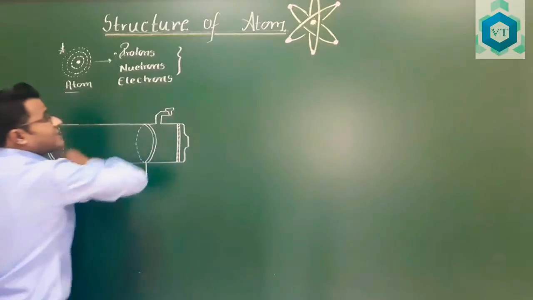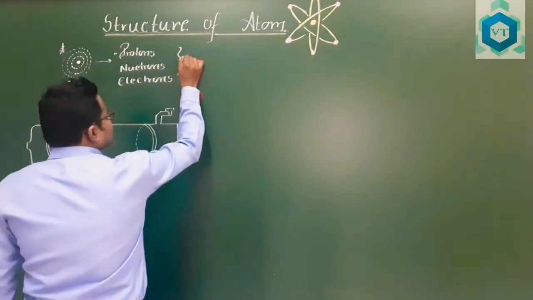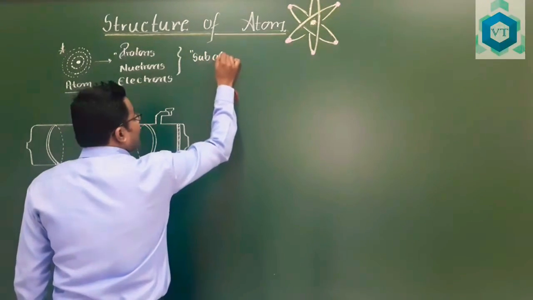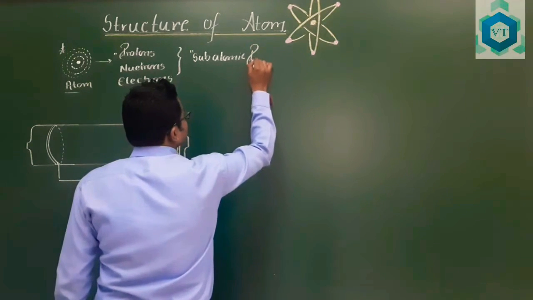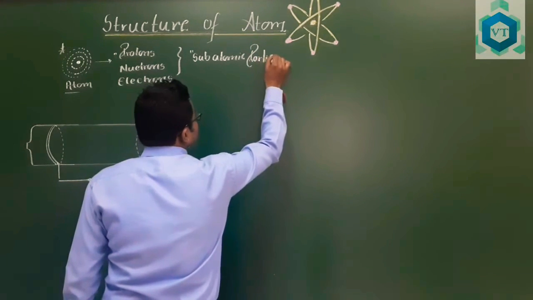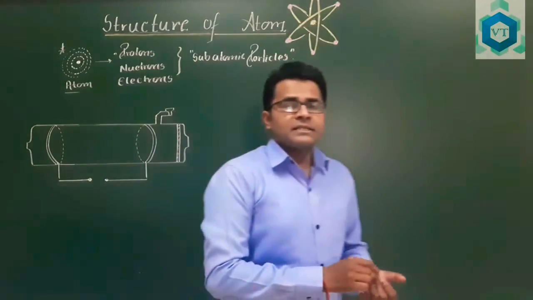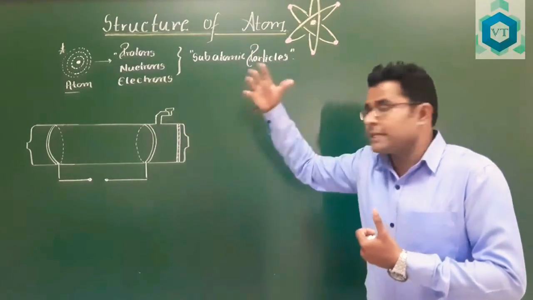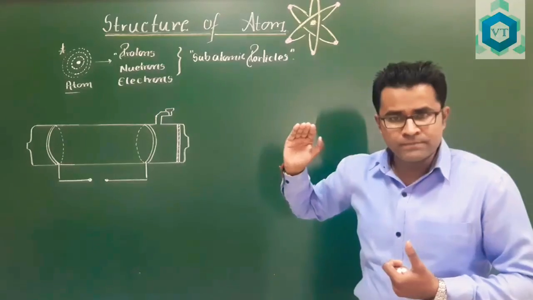And these things, that is the proton, neutron and electron, are known as subatomic particles. So, subatomic particles are those particles from which an atom is made up. That is the proton, neutron and the electron.